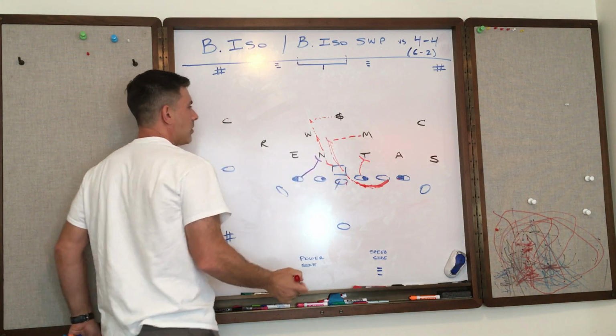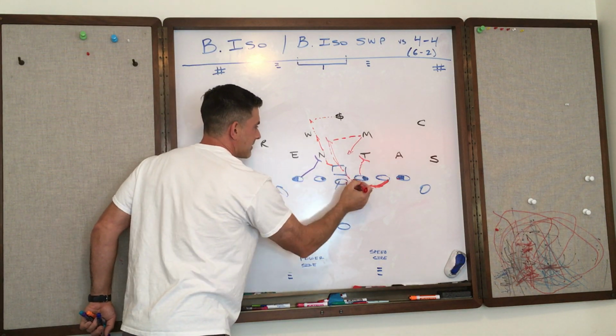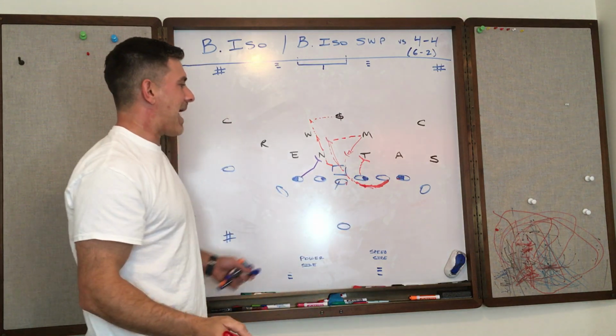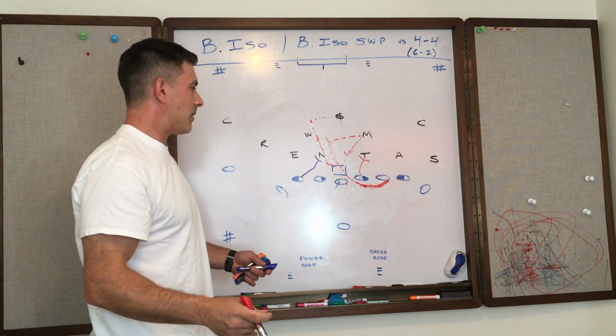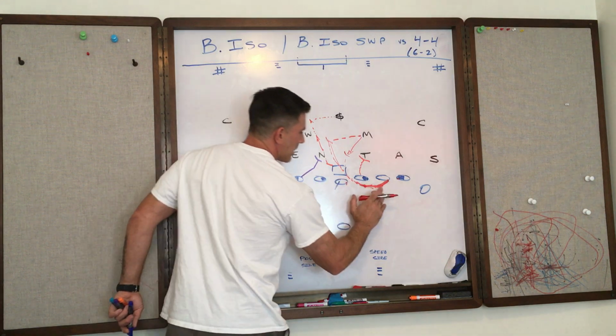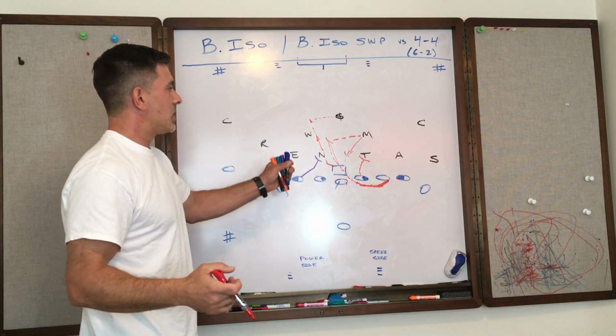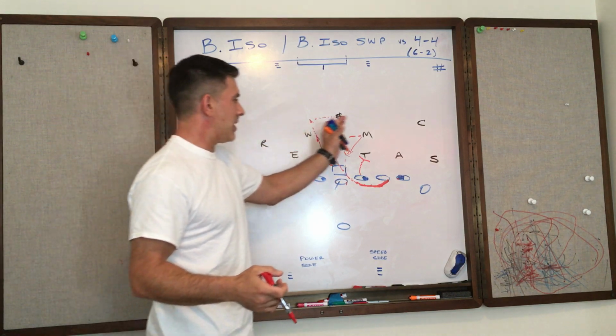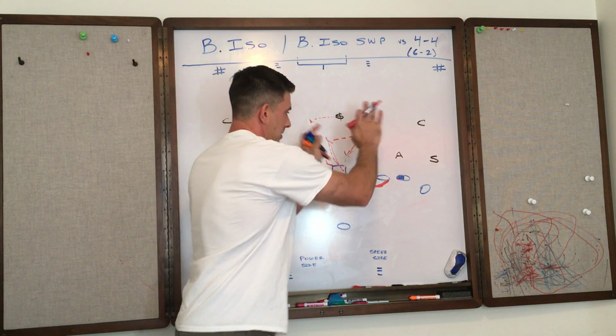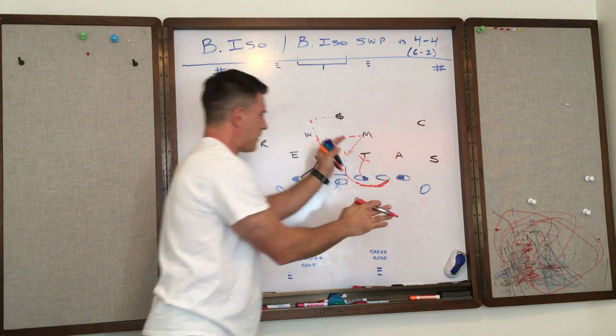So obviously, if we get something like this, the backside is a whole other conversation just to sort out the rules. When you teach the play, you teach all the different backside rules and all the different play side rules.